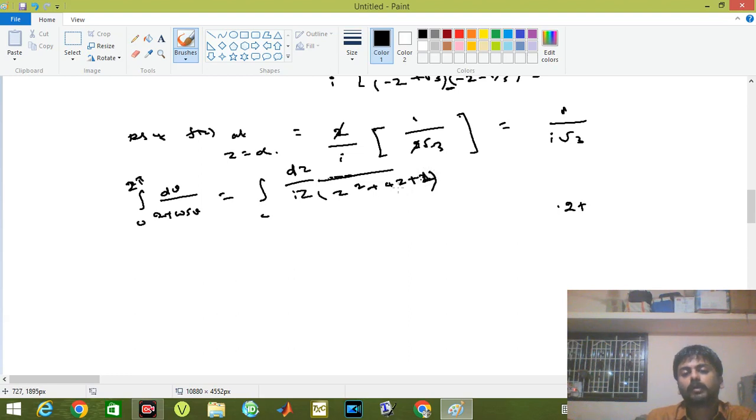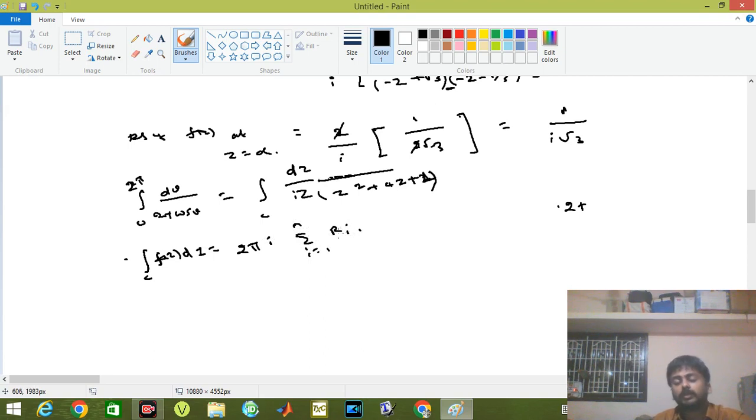So here we have to get the answer: integral over C f of z dz equal to 2 pi i into sum of residues, i equal to 1 to n. So residues.